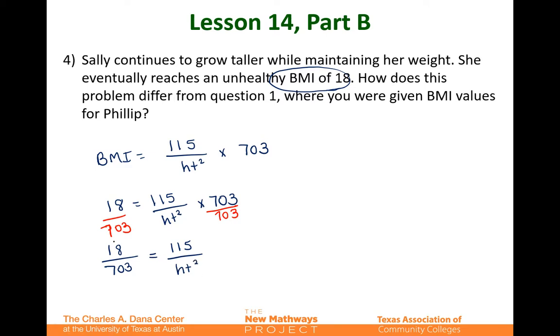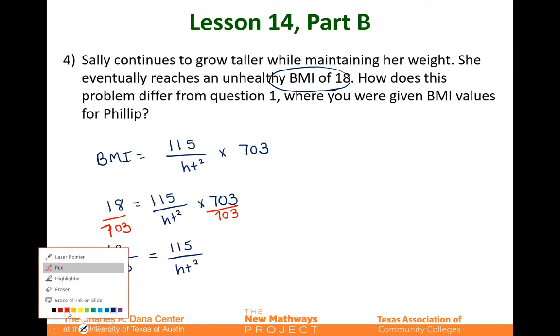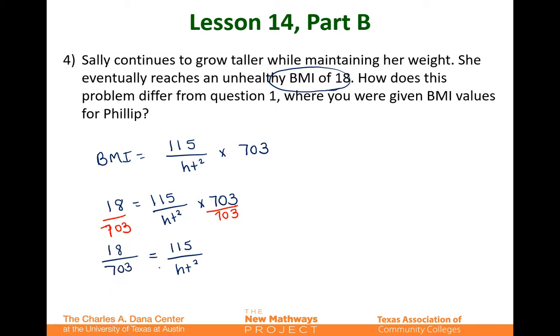When I have a problem that looks like two equal ratios, the easiest way to solve it is to cross multiply. Let's multiply 18 times height squared. So I get 18 height squared equals 703 times 115.